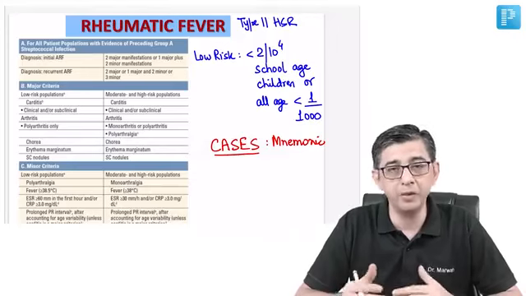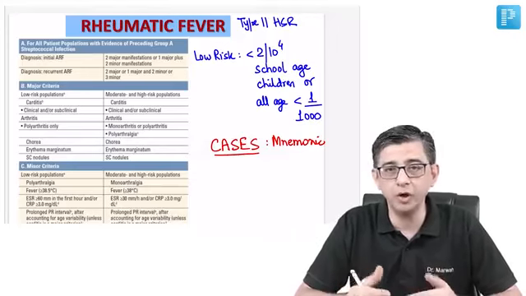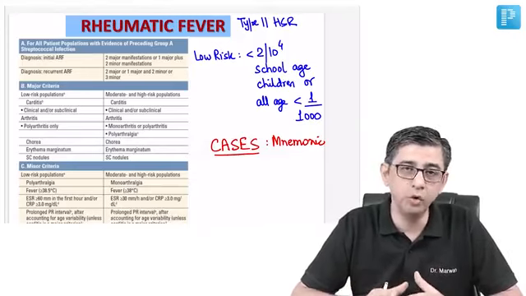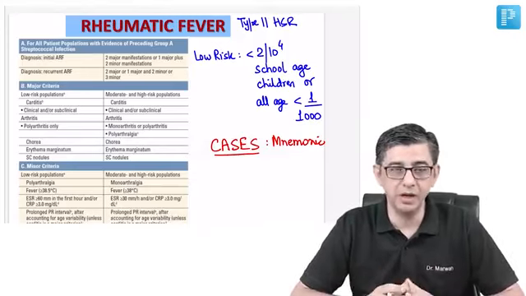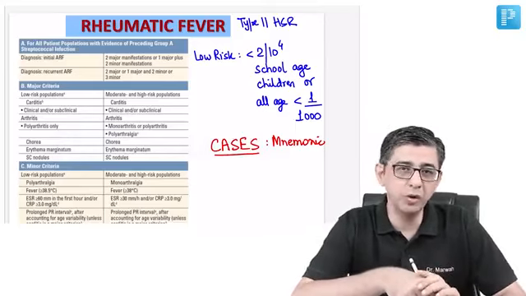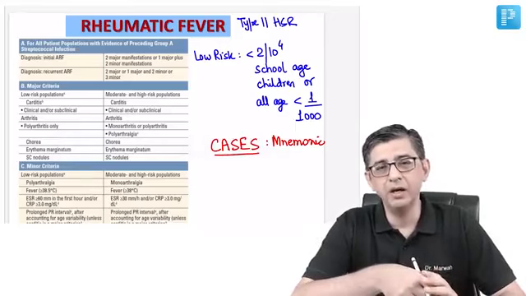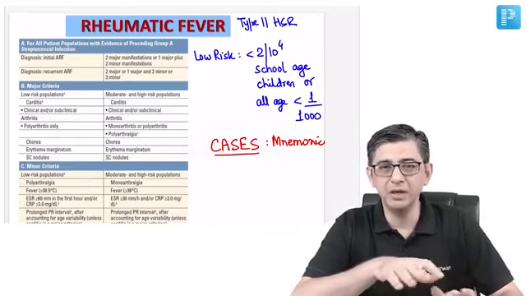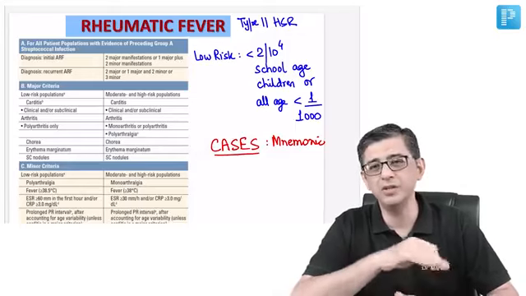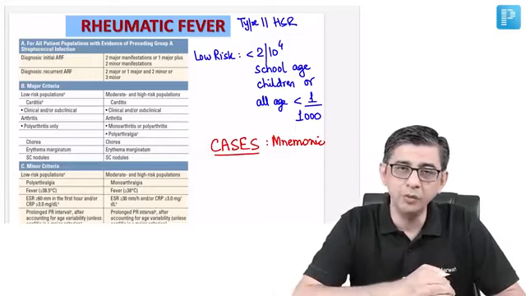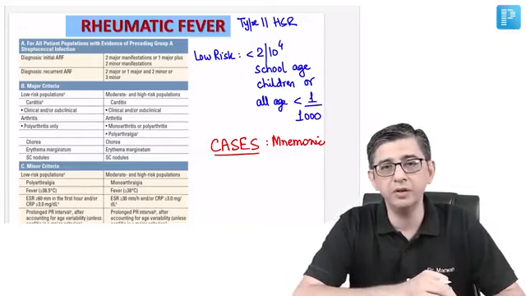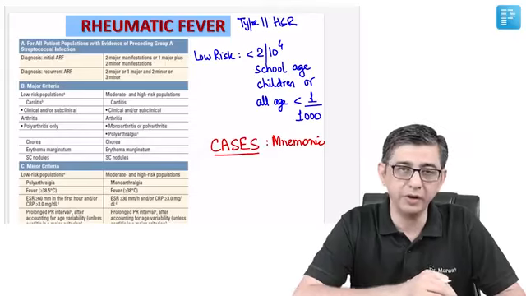One of the important parameters given at the bottom of this modified Jones criteria is dividing the discussion into low risk population versus high risk. High risk population would be a country like India where the incidence of sore throats is higher, and low risk would be like America. Before I mention the definition of a low risk case, let us assume an Indian patient who has one of the features of rheumatic fever, that is migratory polyarthritis.